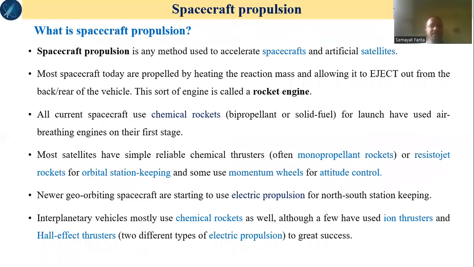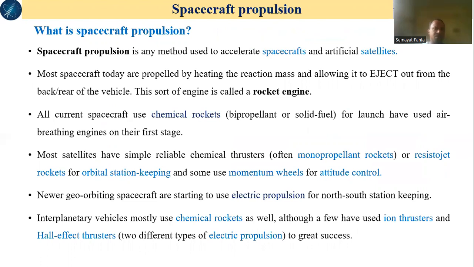Once we identify a spacecraft and propulsion, we have to define spacecraft propulsion. Spacecraft propulsion is any method used to accelerate spacecraft and artificial satellites.